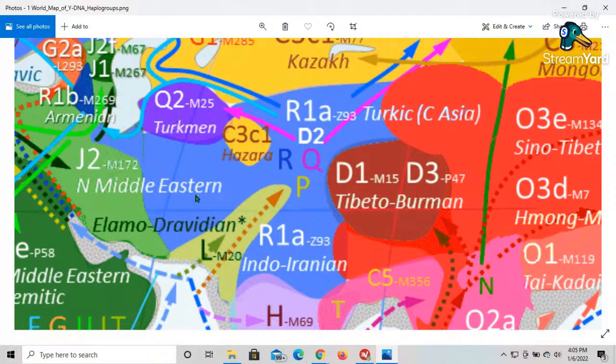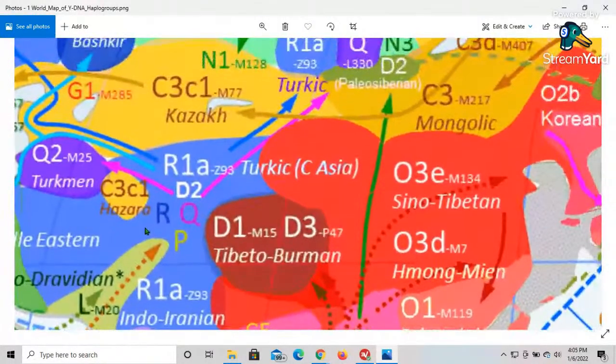This area here, that's where the Medes and Persians were. So not only was it in this area, they also went to Europe too, and so their Y chromosome is found in Europe as well, as we just saw.